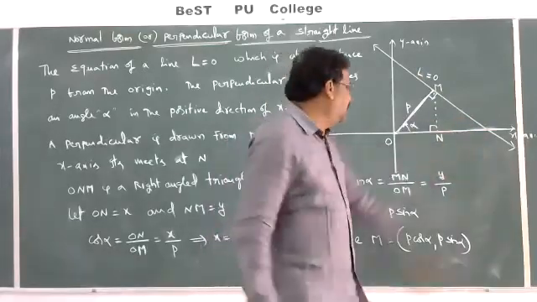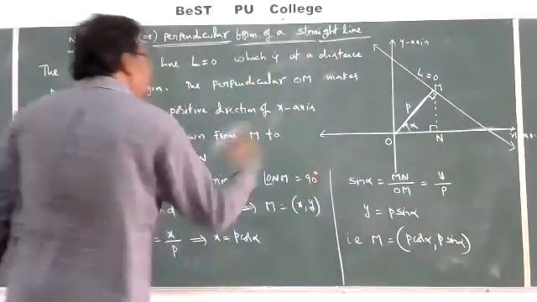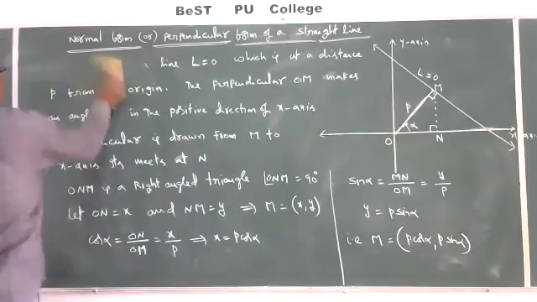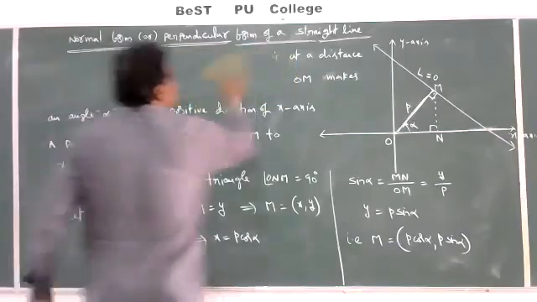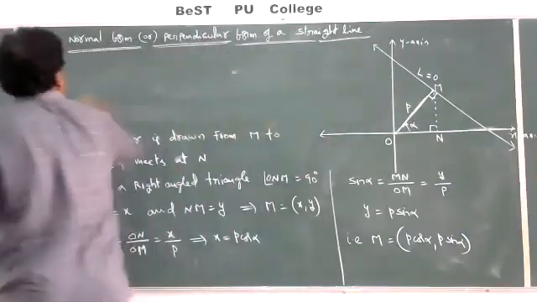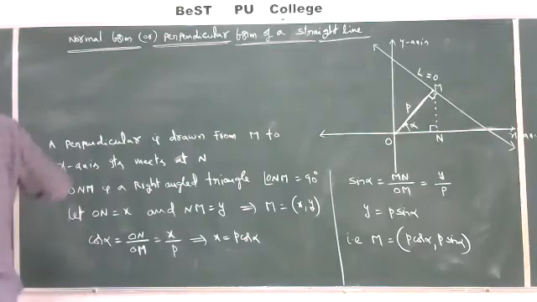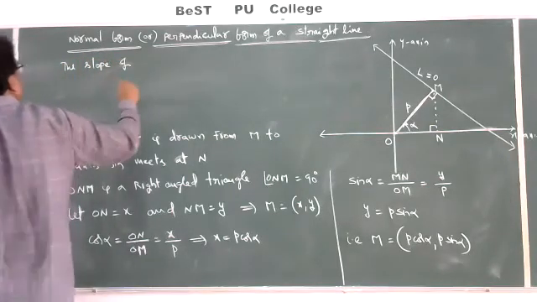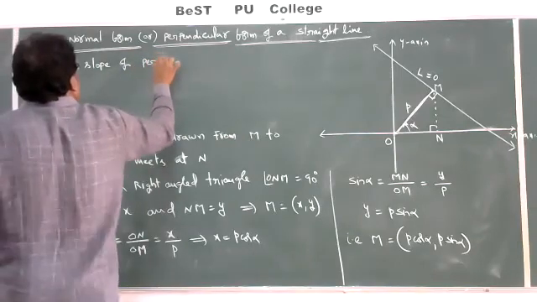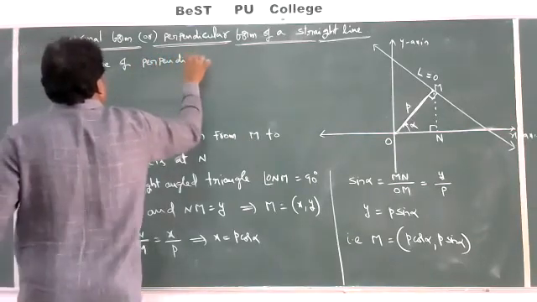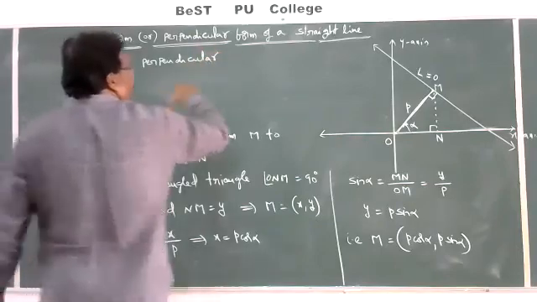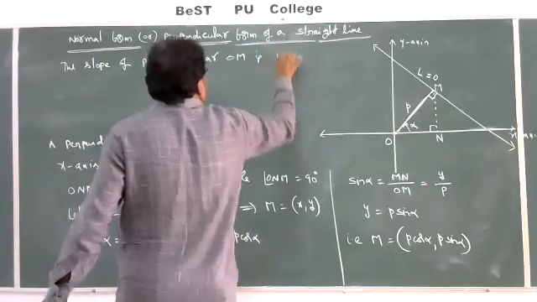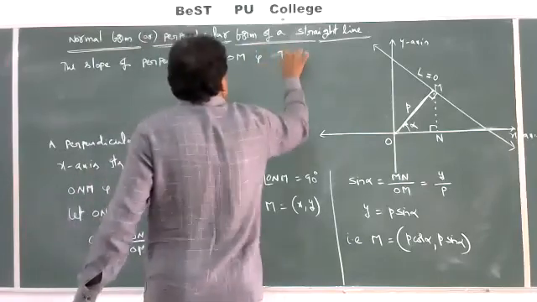Okay, first here you write. Next, continuation. The slope of the perpendicular OM is tan alpha.